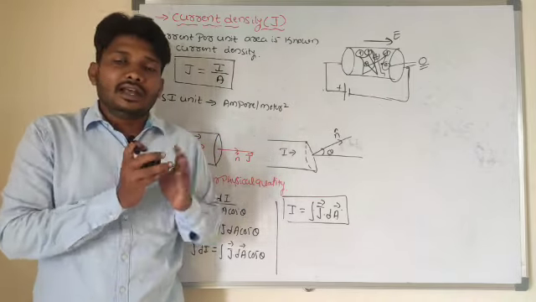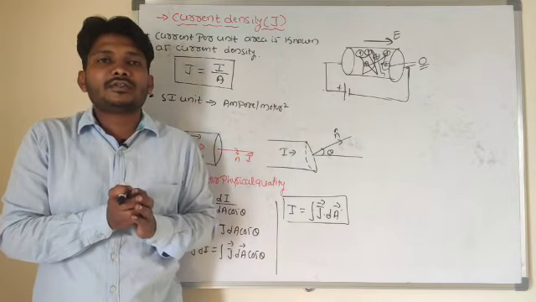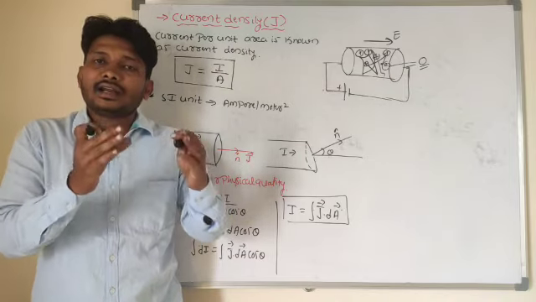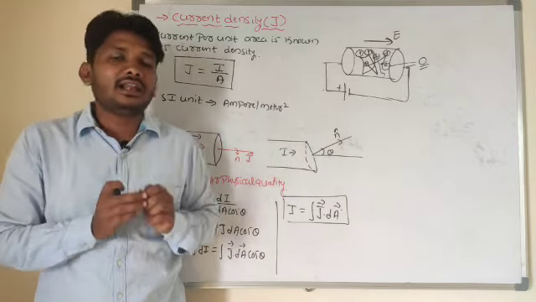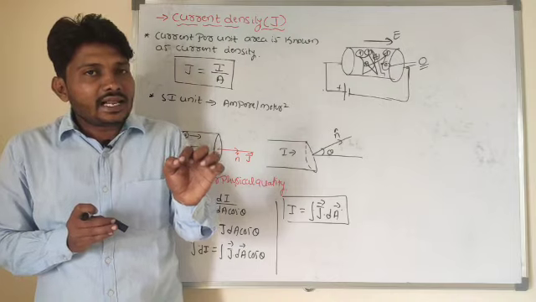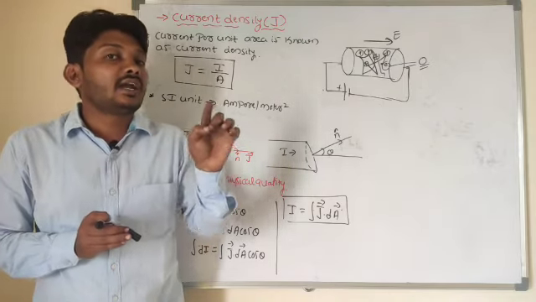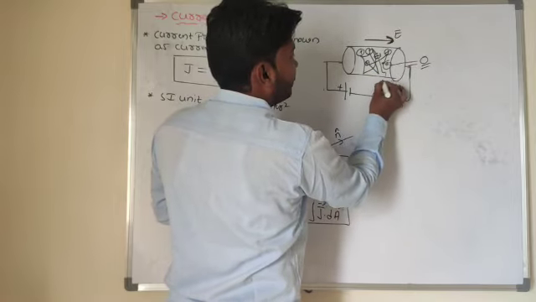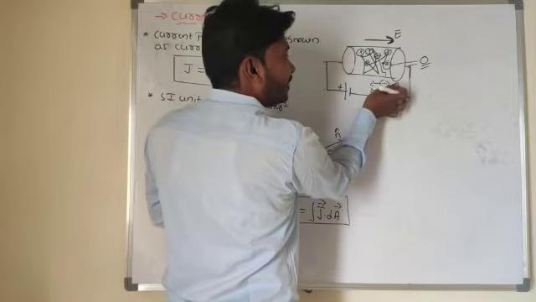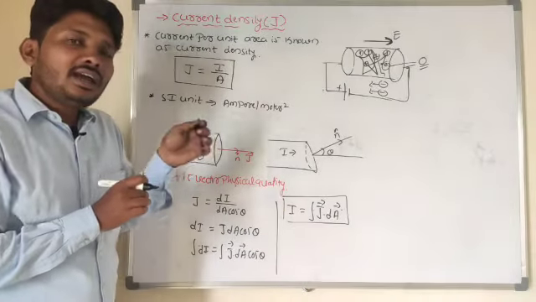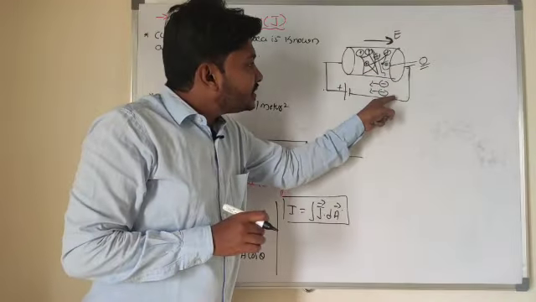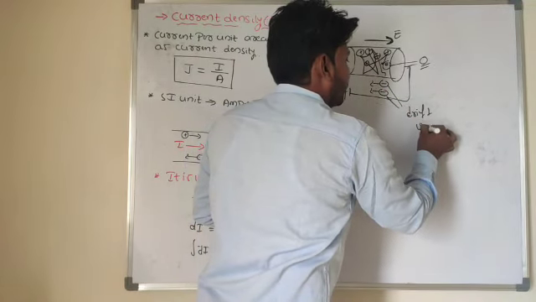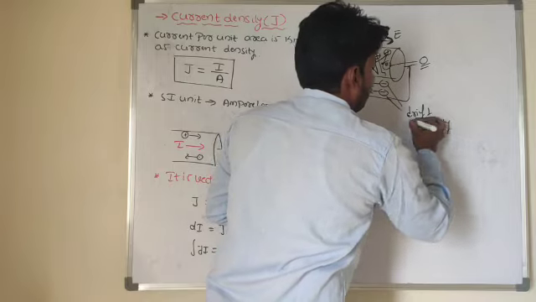The average velocity of free electrons when the conductor is placed in an external electric field, then these electrons drift opposite to the direction of the external electric field. For example, this is the direction of the electric field, which means free electrons will drift opposite to it, and this velocity we call the drift velocity.